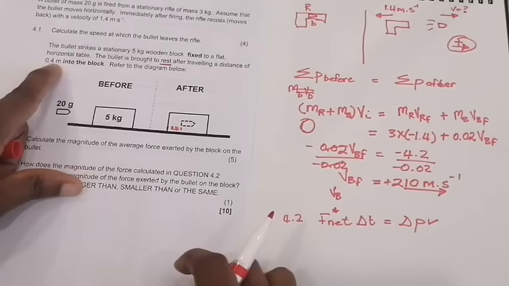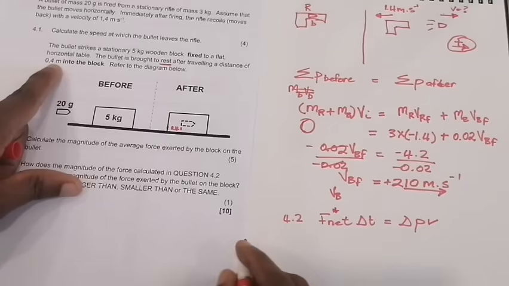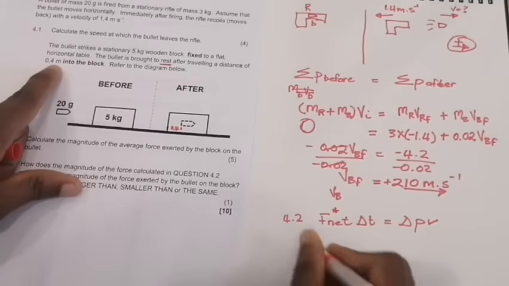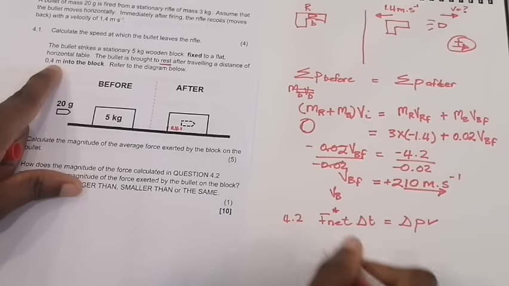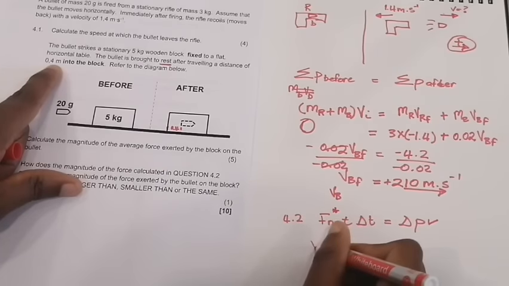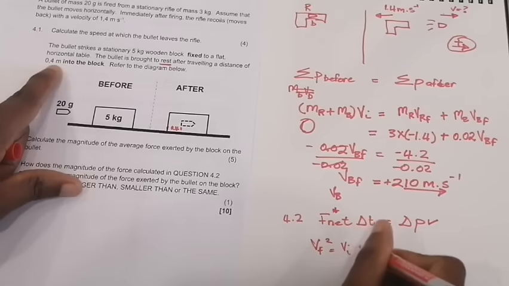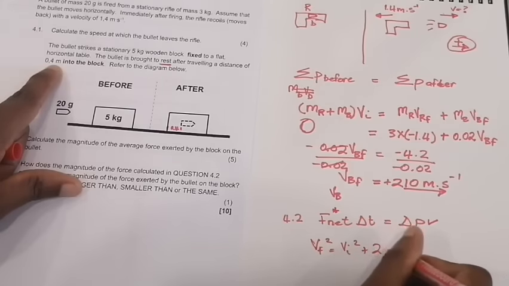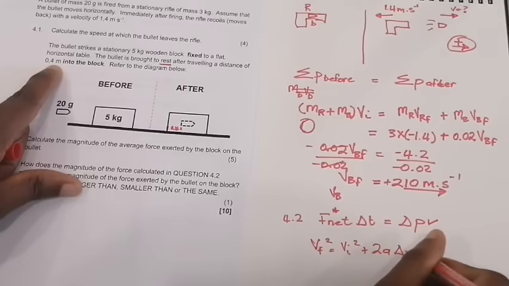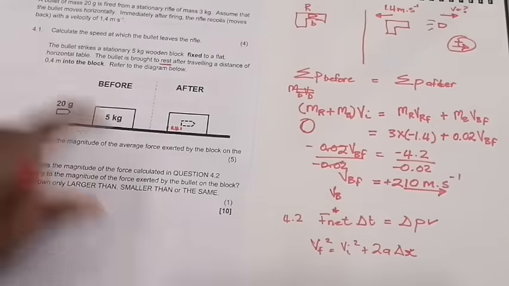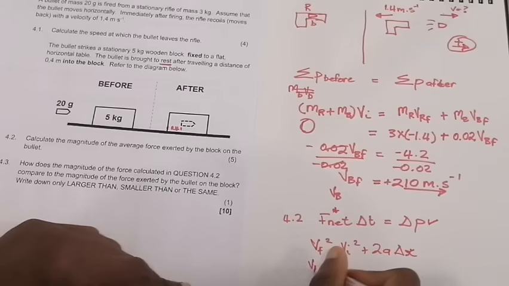If you remember your equations of motion, there's one of those equations that simply says Vf squared equals Vi squared plus 2 times a delta x. Another equation says Vf equals Vi plus a multiplied by the change in time.